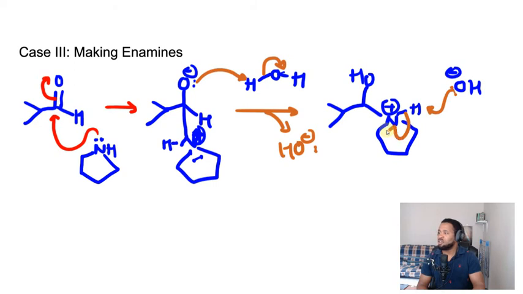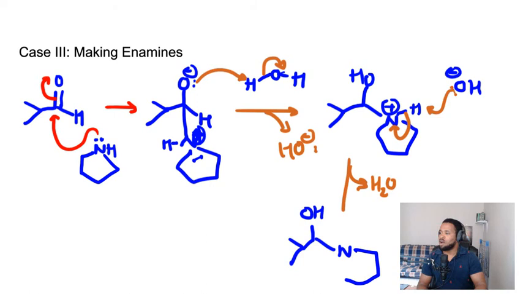This bond forms a lone pair with the nitrogen, and therefore we are reforming our water. So as a result, on one side we have our water that is released, and we have our intermediate product, which has our oxygen with the hydrogen.